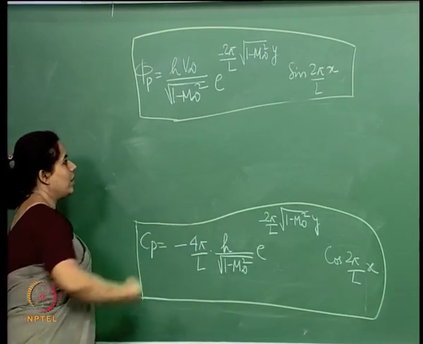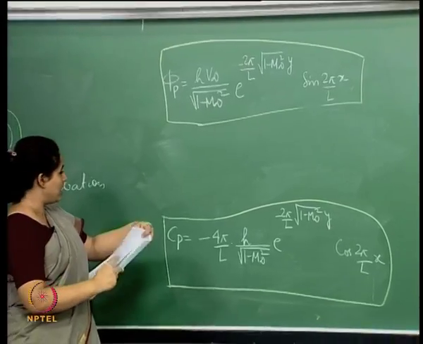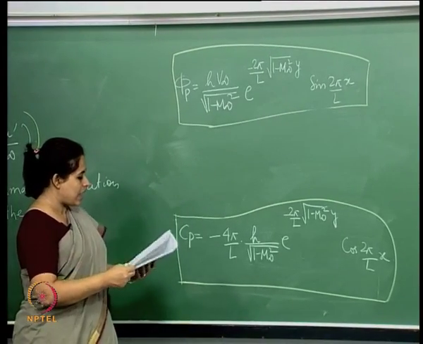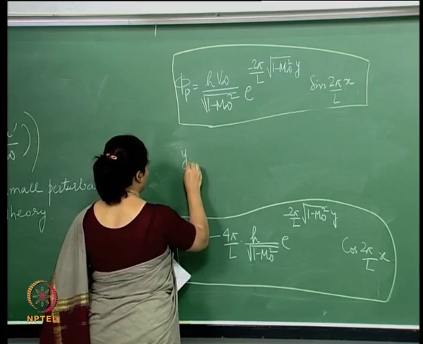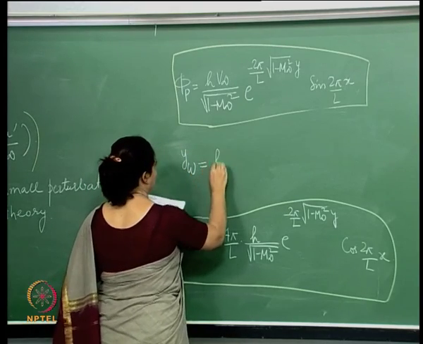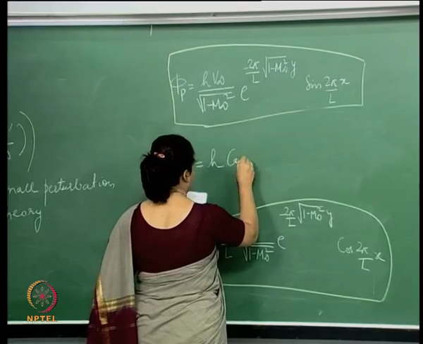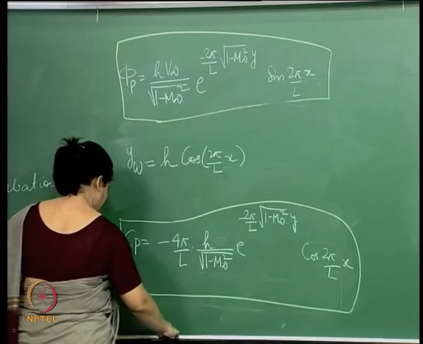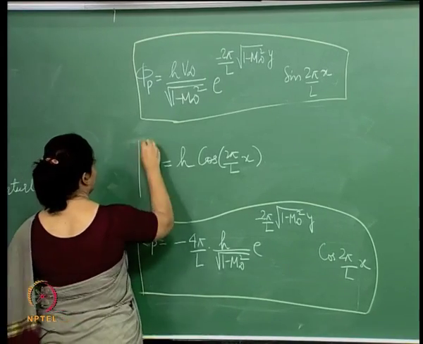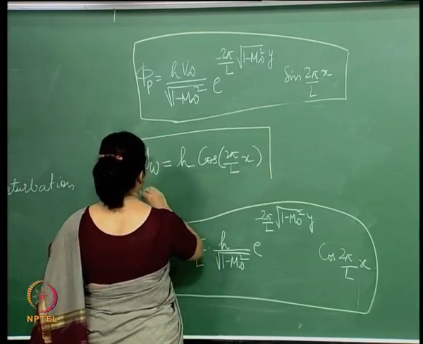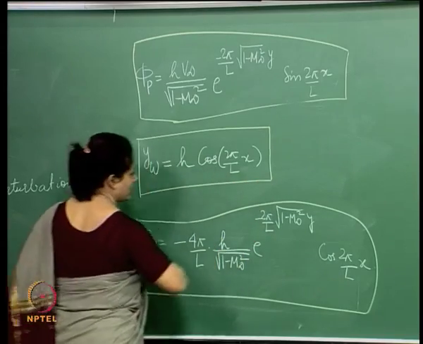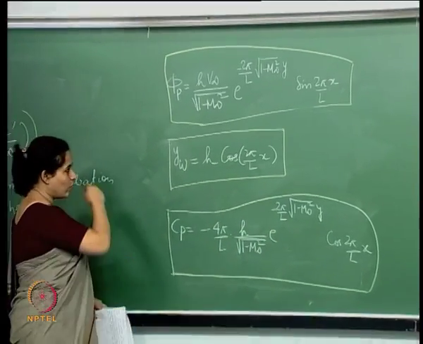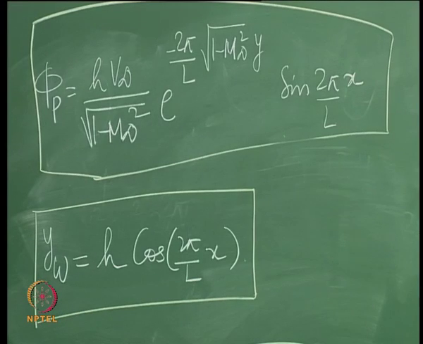This is the coefficient of pressure expression, and this is what was given to us, right? This was the, so this is the wall, isn't it? So this is essentially the actual equation of the contour of the wall itself.